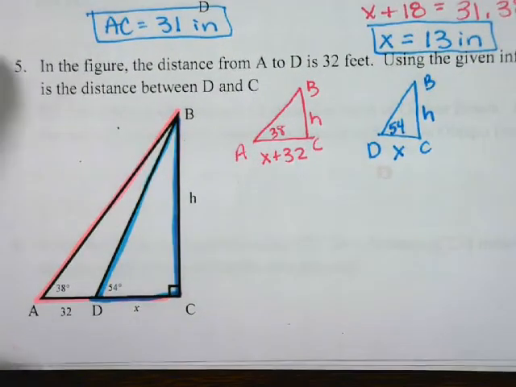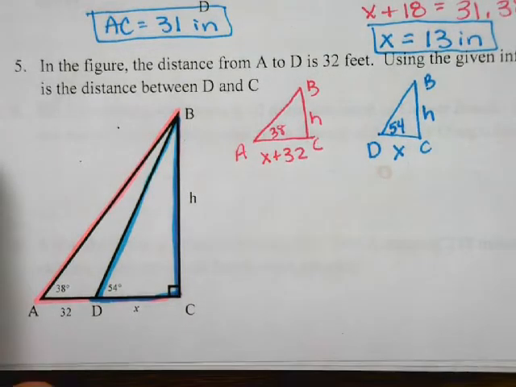What do both of those triangles have in common? H, right? They both have H in common. Because it sort of feels like right now I don't have enough to solve either one of those triangles. Okay, so let's see what we got.